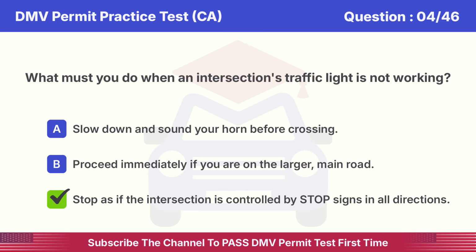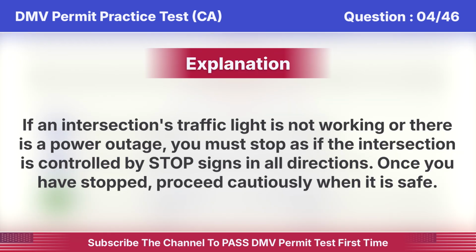Answer is C, stop as if the intersection is controlled by stop signs in all directions. If an intersection's traffic light is not working or there is a power outage, you must stop as if the intersection is controlled by stop signs in all directions. Once you have stopped, proceed cautiously when it is safe.